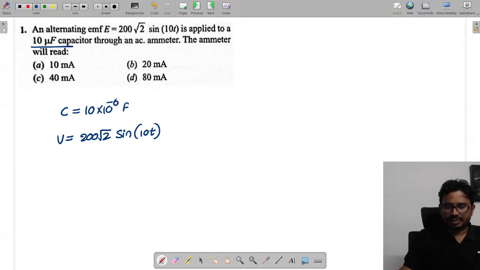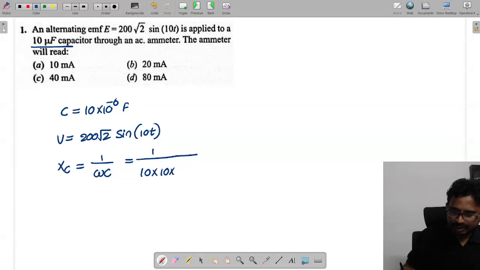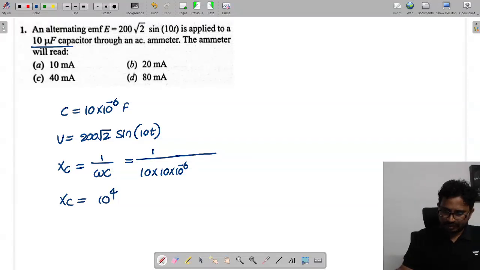The AC ammeter will measure the RMS value. So from this we can get XC. XC is equal to 1 by omega C, which is 1 by 10 into 10 power minus 6 times 10. So XC is 10 power 4.